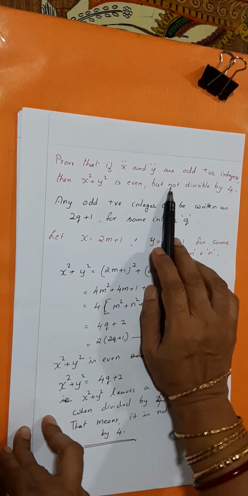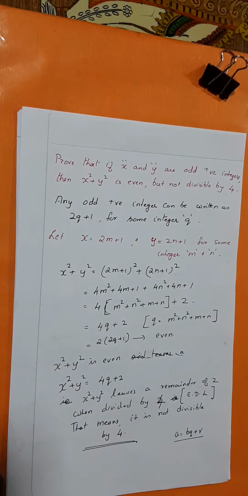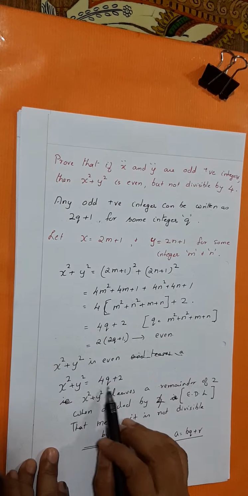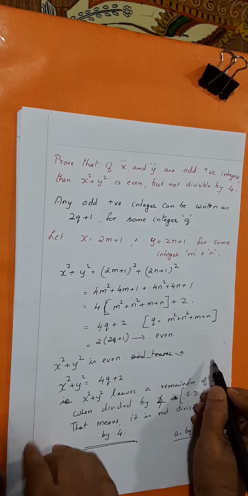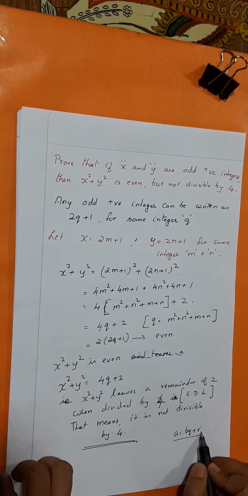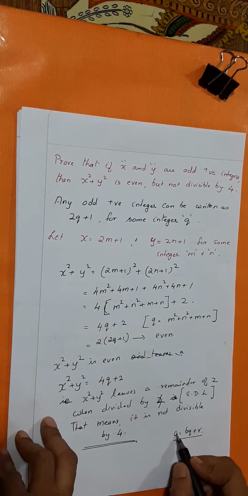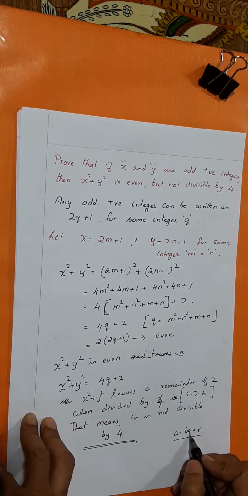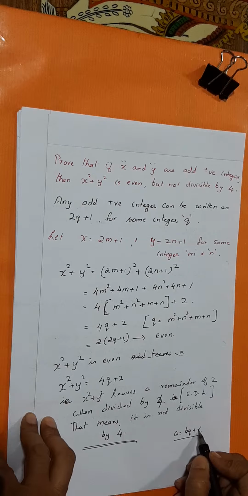Now we have to prove it is not divisible by 4. So x squared plus y squared is equal to 4q plus 2. Now by Euclid's division lemma, you know a is equal to bq plus r, that is, when a is divided by a number b, you get a quotient and a remainder.